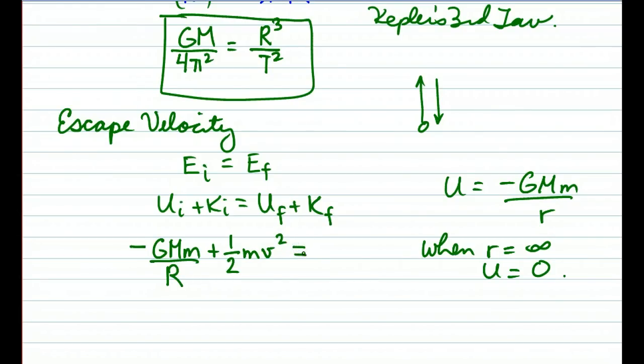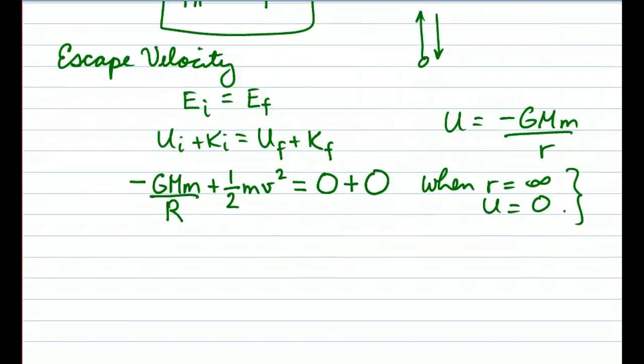Now the final potential energy has to be 0 because it's just barely making it to the edge of the universe, so R is infinite. And of course, if it just barely makes it there, it's going to stop moving. So its final kinetic energy is also 0.